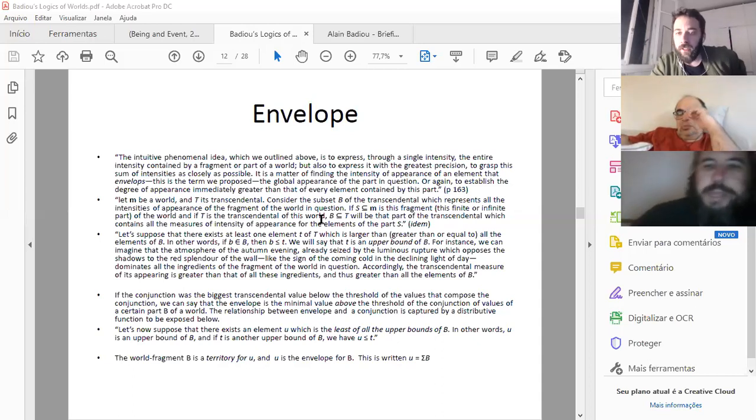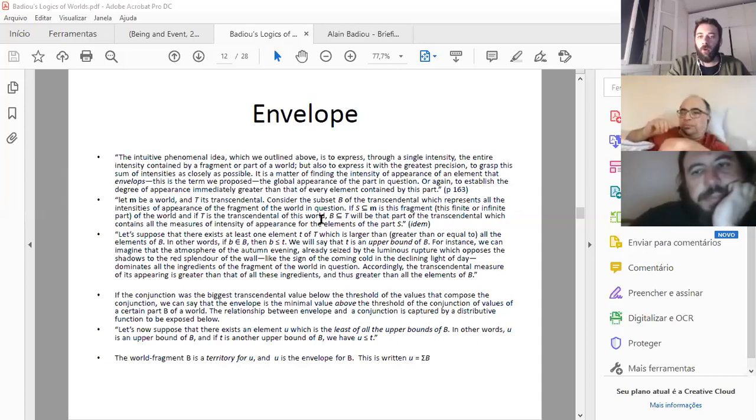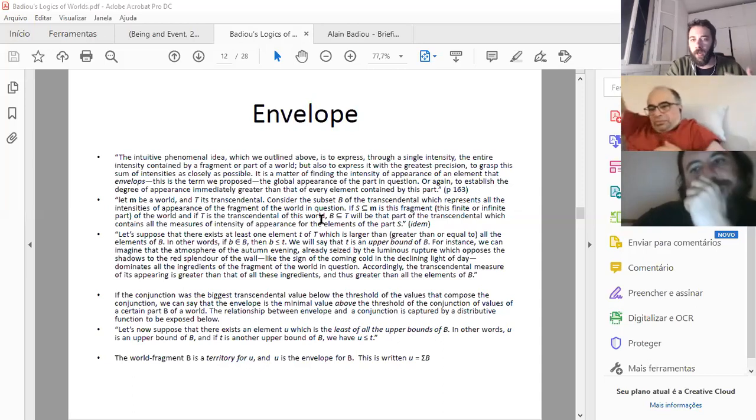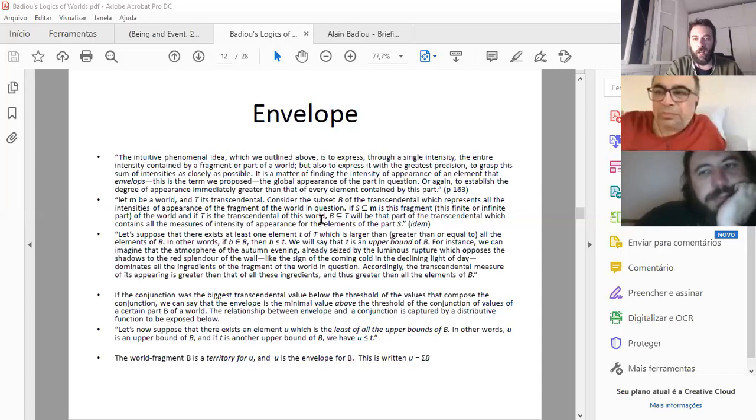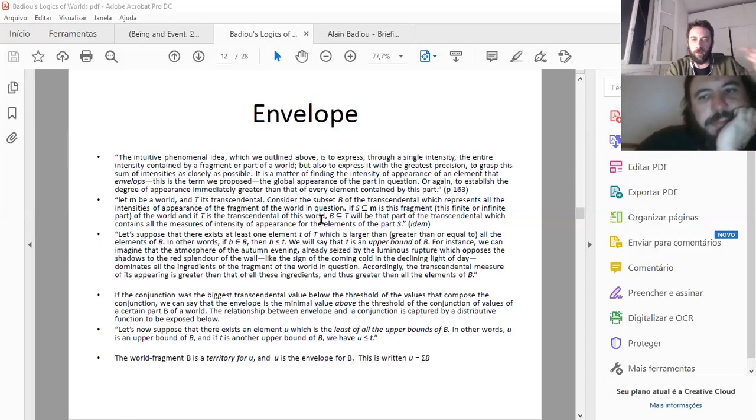For example, we use this when we say the world of Turner paintings. If you see enough Turner paintings, suddenly you look at a sky and say, this is such a Turner sky. Why? Because you learn to evaluate the degrees of appearance in a certain way because of those scales. He constructed a scale, right?